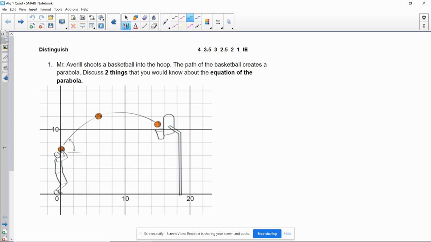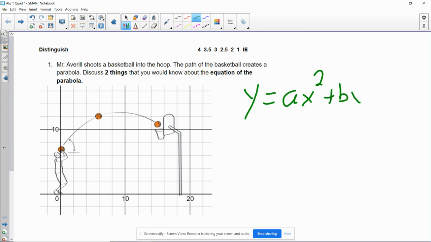So some things I notice based on the fact that this is the equation of a parabola. I notice it's an upside down shape, so my A value will have a negative sign in front of it.